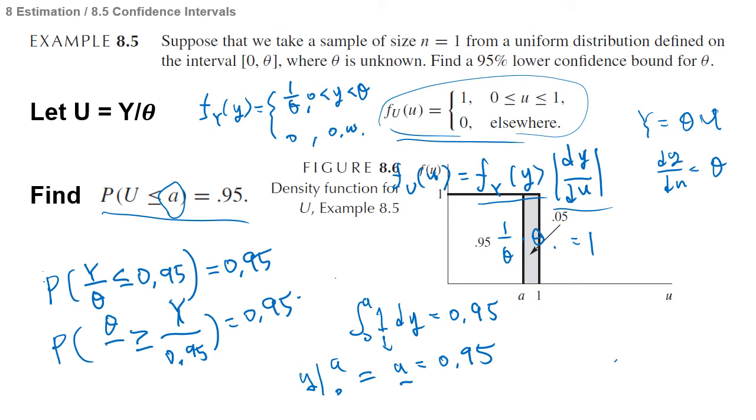Then this part would be the lower bound for theta. y over 0.95 is the 95% lower confidence bound for theta. Okay.